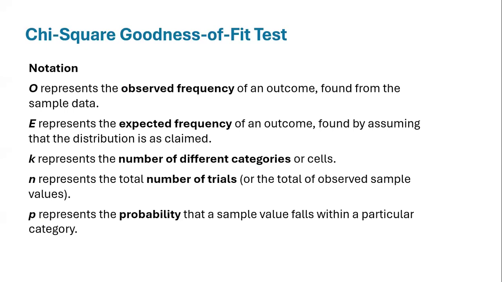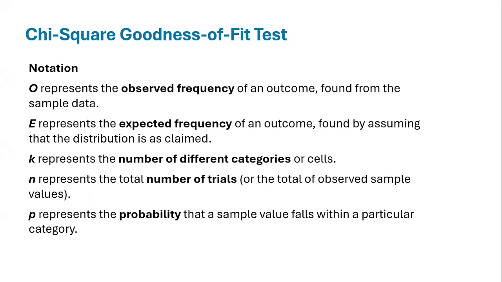The notation that we use for the chi-square goodness of fit test: since we have two types of frequency, observed and expected frequency. Observed frequency are the results or outcomes from the sample, which we show by O. Expected frequency are the results from the past study or what is in a claim, and we show by E. K represents the number of categories, because we will have an observed and expected frequency for each category.